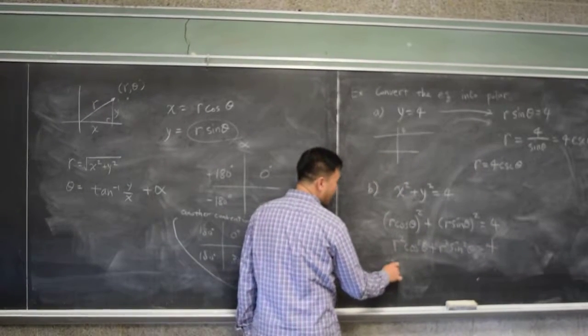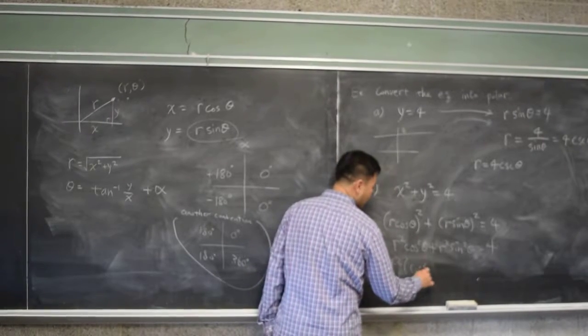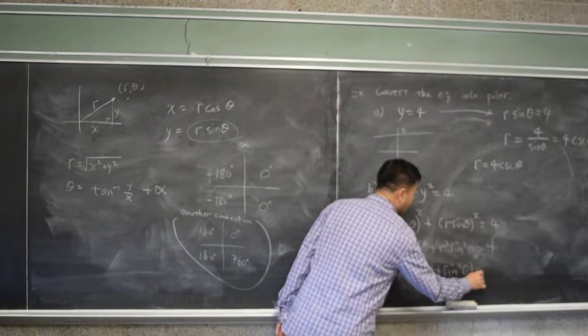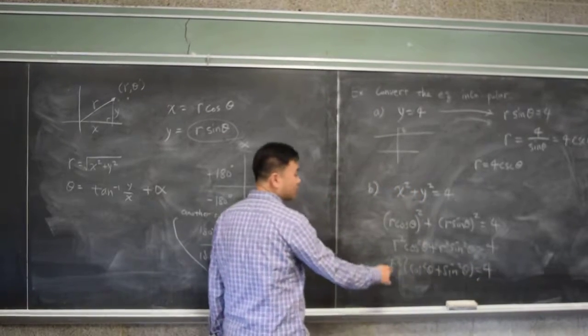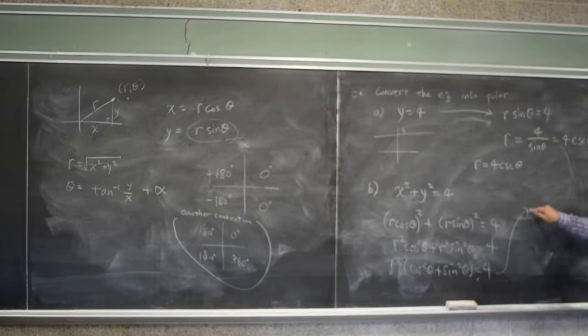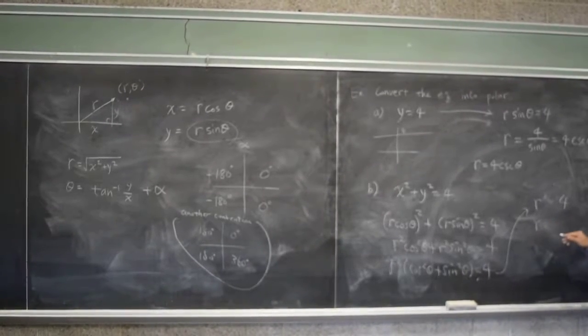And you can factor the r squared and get cosine squared theta plus sine squared theta. What's cosine squared plus sine squared? 1. So you get what? R squared equal to 4. If you solve this, you get r equals 2, or r equals negative 2.